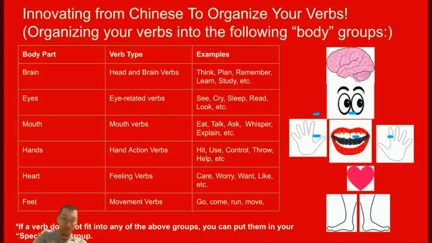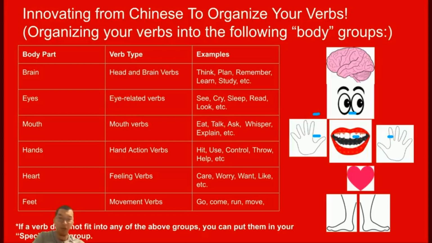These are mouth-related verbs: eating and talking and asking and whispering and explaining, etc. Hands include hand action verbs: hit, to use, to control, to throw, help, etc. The heart are feeling verbs: to care, to worry, to want, to like. And finally, the feet are movement verbs: go, come, run, move, etc.